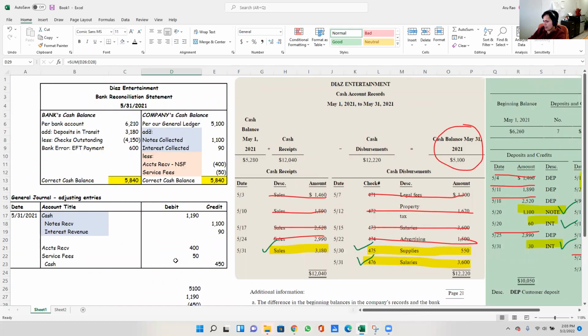These are called adjusting entries. The adjusting entries at the end of the month to reflect the true cash balance in my balance sheet on May 31st. Again, you'll all see different numbers on your homework on Connect, but essentially the idea is the same in terms of how we proceed with this.